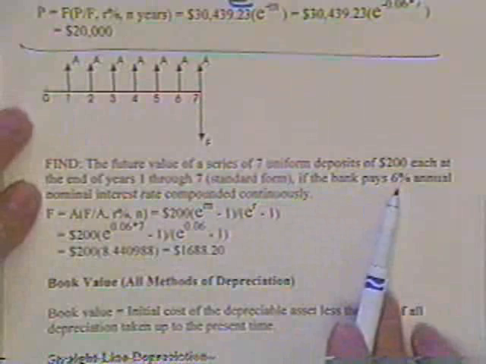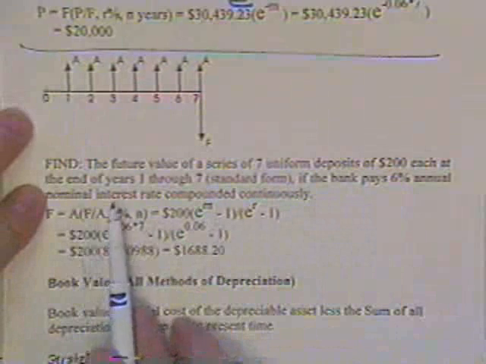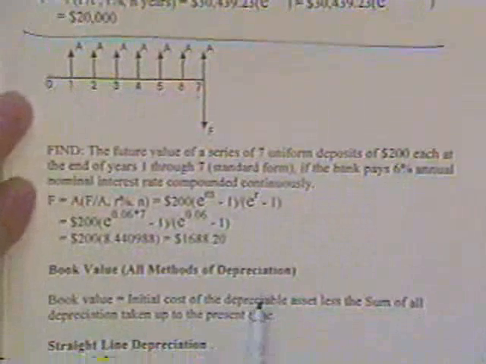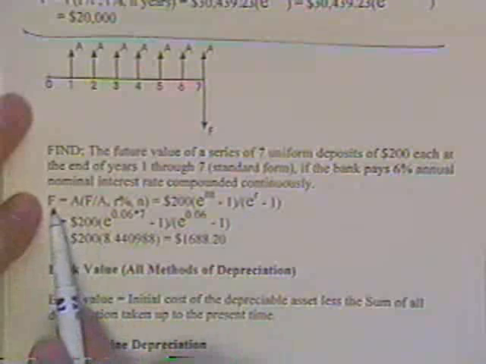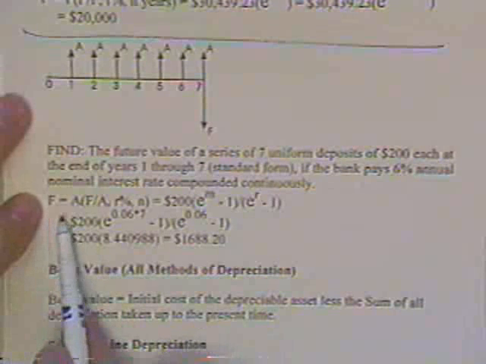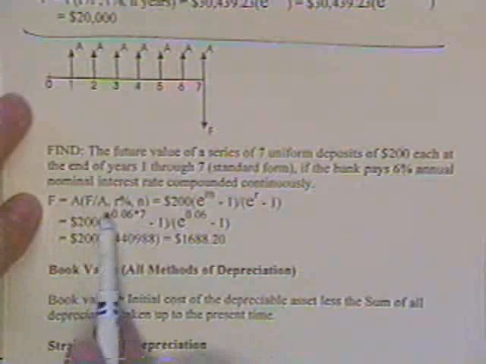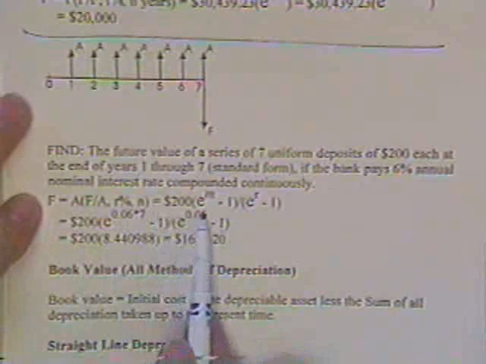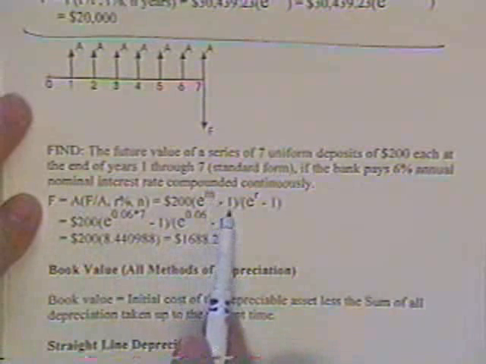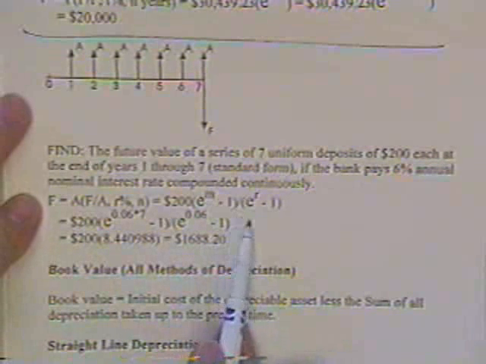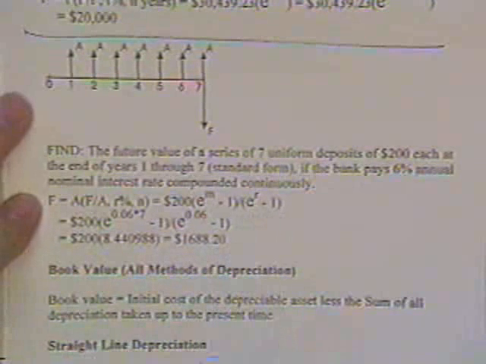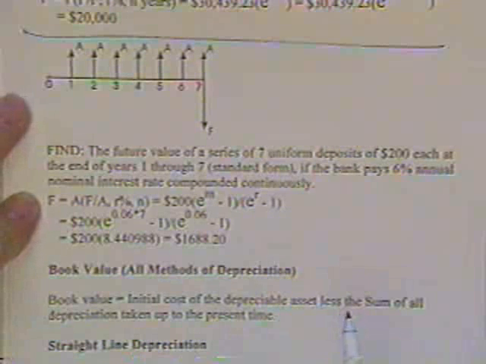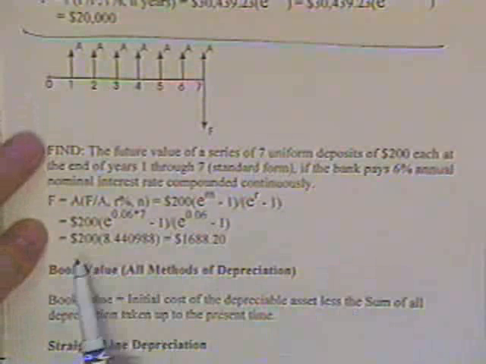If the bank is willing to pay you 6% annual nominal interest rate, but he's willing to compound it continuously, you'll find that equation in the book also for F. F is equal to, in our notation, F over A, r% n. But the equation for it is e to the Rn minus 1 divided by e to the r minus 1. Get that right out of the table, or right out of your reference handbook on page 73.